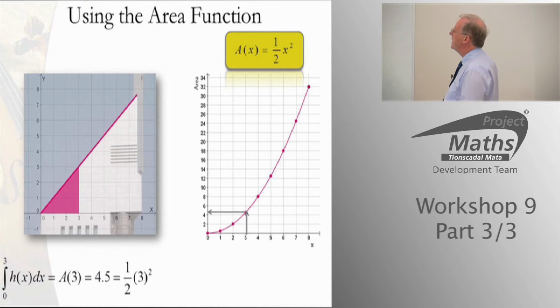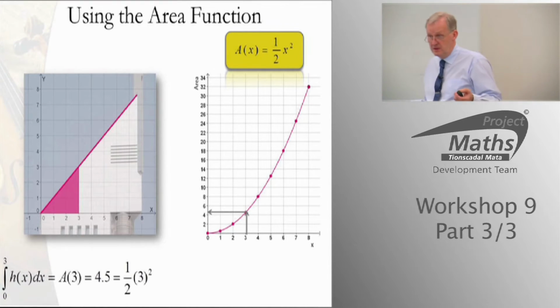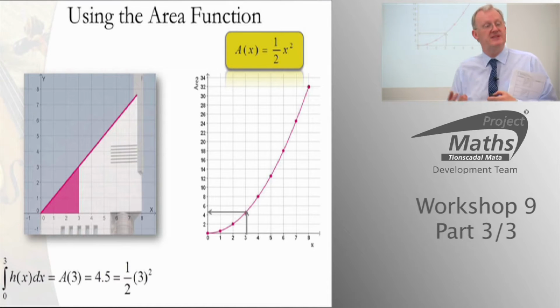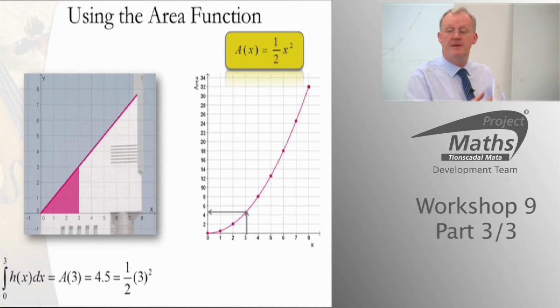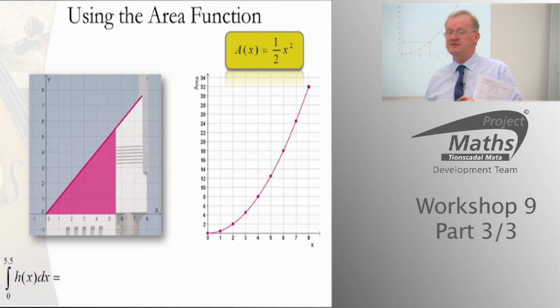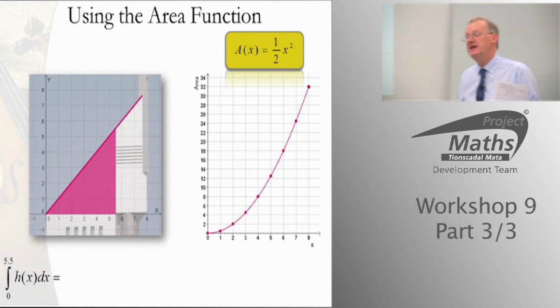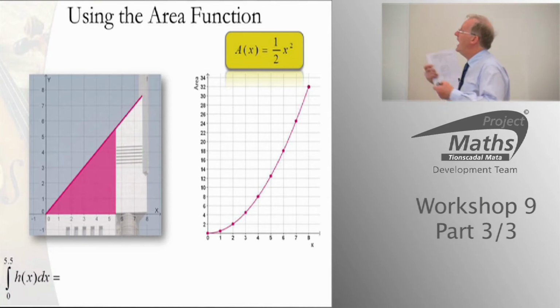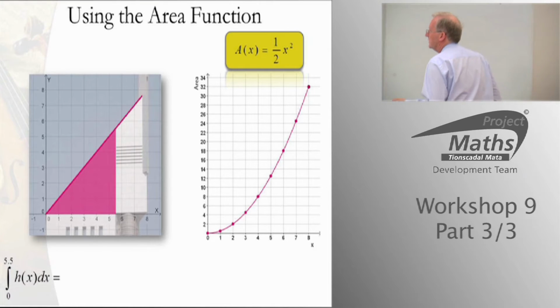You could read it off the graph if you wanted, or plug it into the function. There's your answer. So we actually don't need to go back to drawing the rectangles anymore. We don't need to go back to the limit anymore. We've become more efficient and more effective now that we have found an area function. So answer that question.